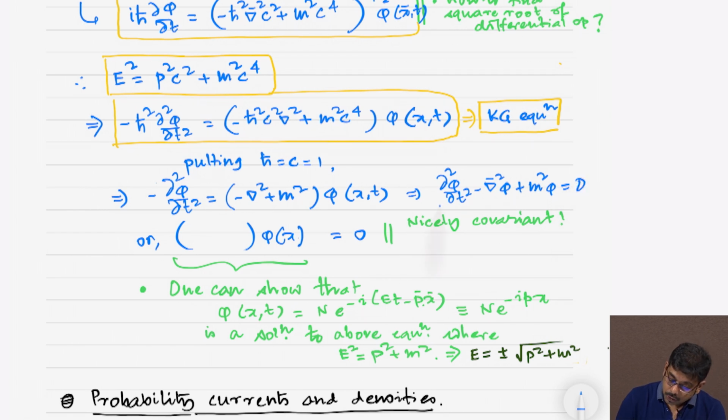And do you remember what this object is? This ∂²/∂t² − ∇² is nothing but the ∂_μ ∂^μ, the del square.